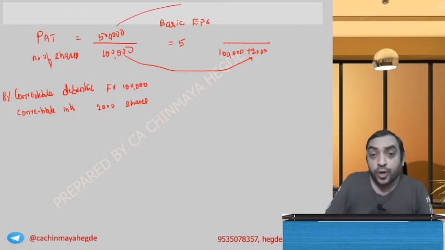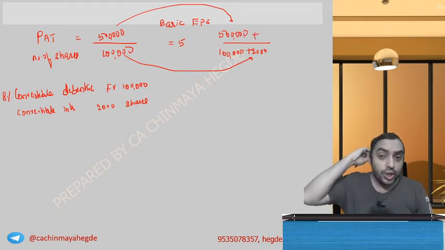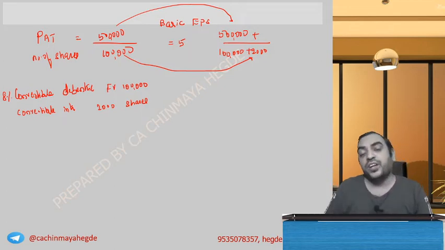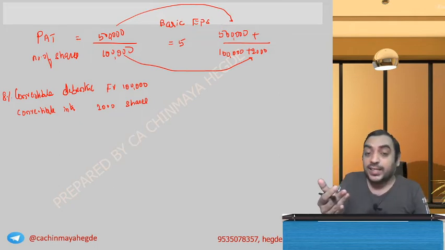Now, what will happen to profit? Assuming profit after tax remains the same, that is 5 lakh. What will happen to debenture interest? Can you tell me, will the profit remain same, increase, or reduce? When debenture becomes shares, the number of shares will increase.